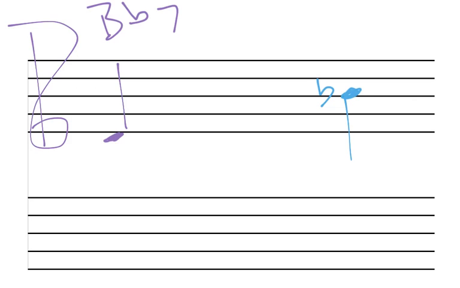Or you could chordal skip and then passing tone. There's so many different things you could do here. We could just do this. Let's go with our thing here again, right?